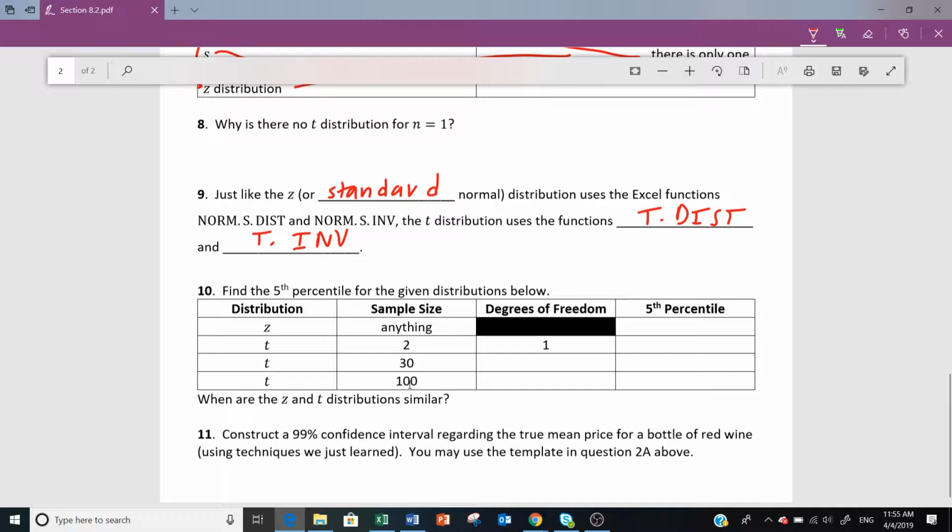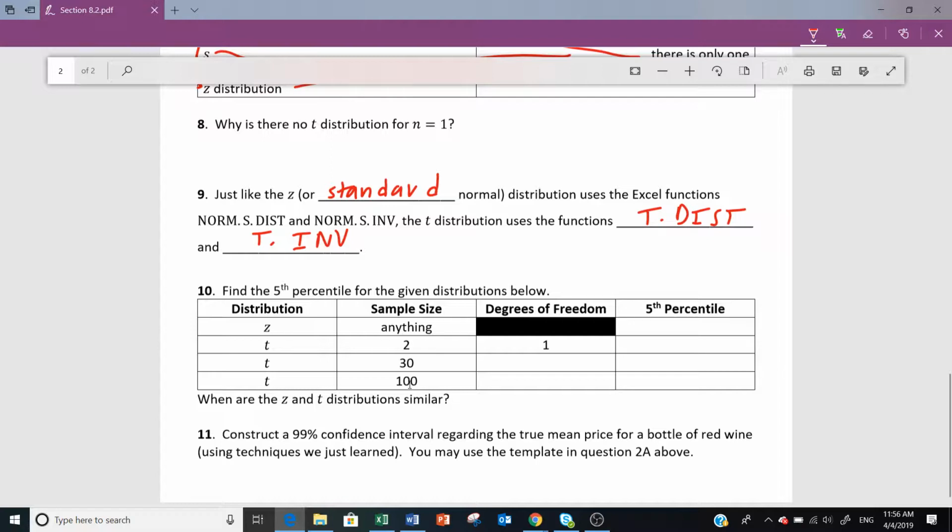So remember, to do the 5th percentile, we did norm.s.inv of the area to the left, which is 0.05. So would this be T dot INV of the percentile, which is 0.05, comma 1?